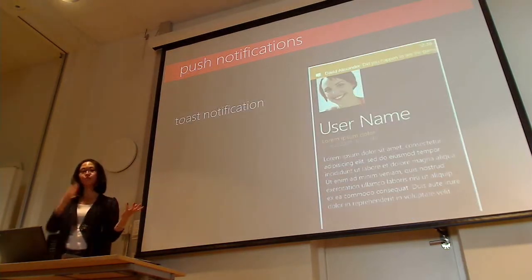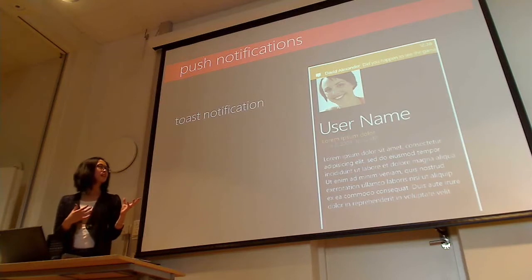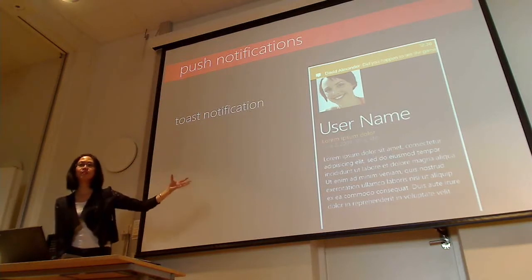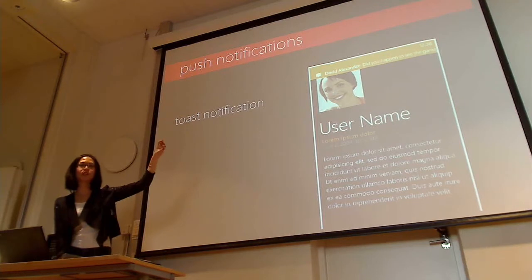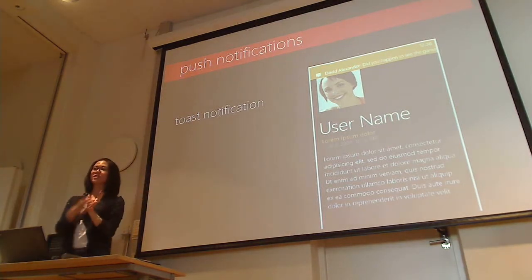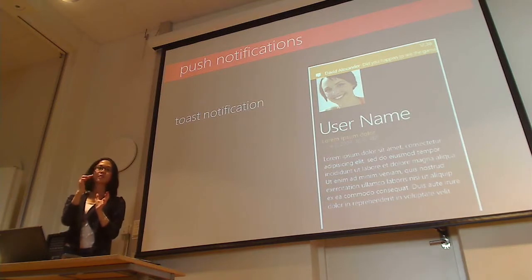A toast notification is a request. It's something that will show up no matter where your user is. Your application can push out a little notification that will show up as the little tile on top. For example, if I get a new SMS, I'll get a notification on top, so I can tap on that and open up my SMS.